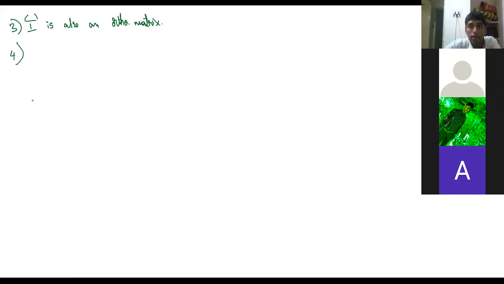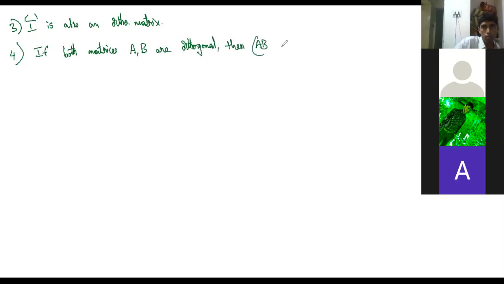Then in that case, we can say that the product is also orthogonal. Then AB is also orthogonal.